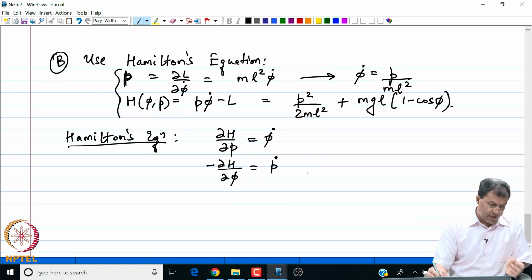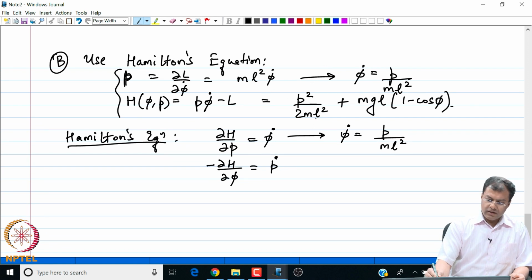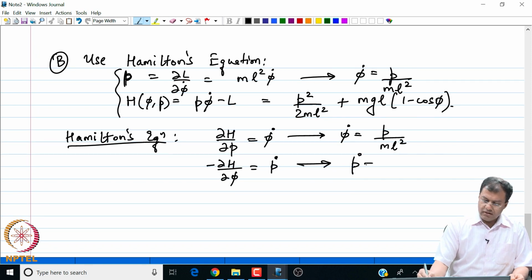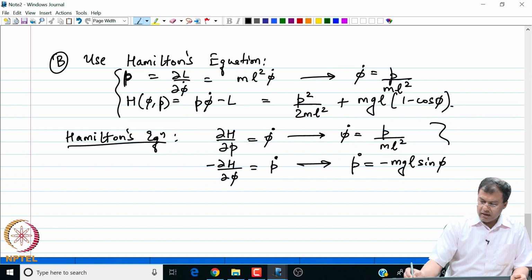So phi dot is equal to del H del P. We differentiate with respect to P, and I get that this is equal to P by m L square from the definition of the Hamiltonian. And my P dot is minus del H del phi, which is minus m g L sin phi.